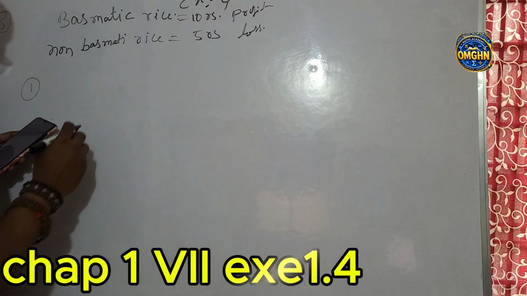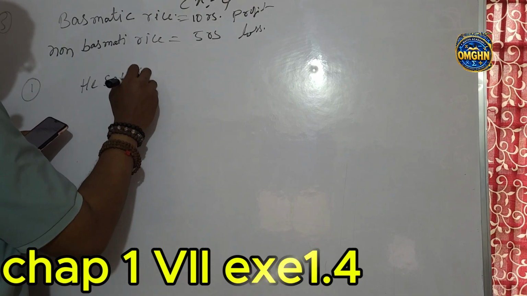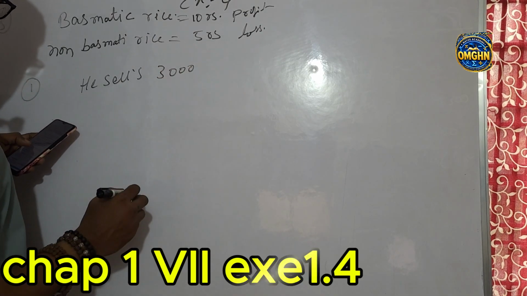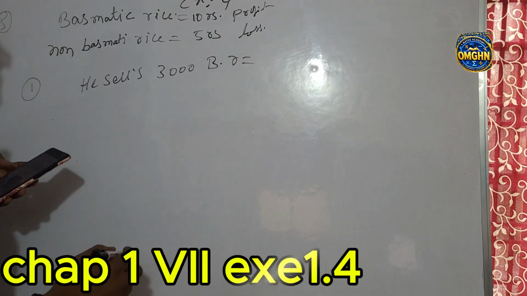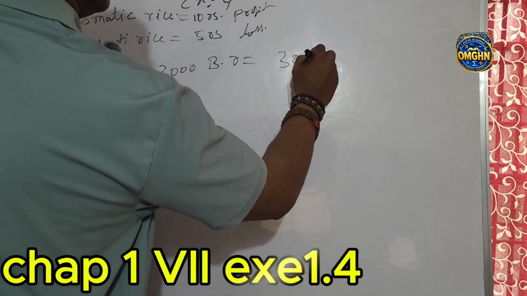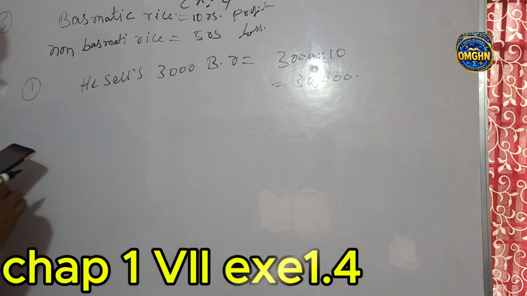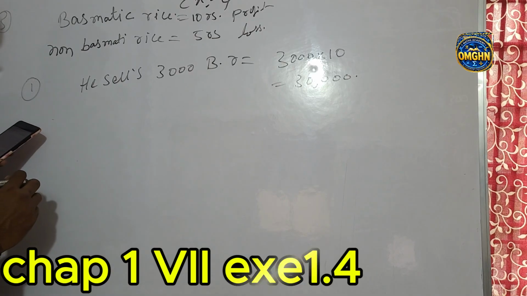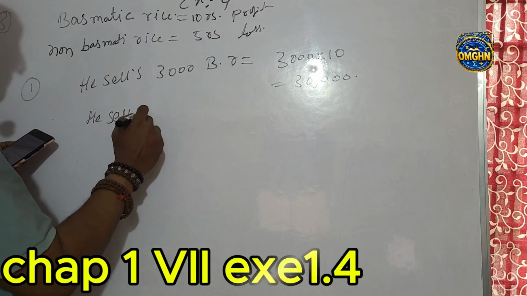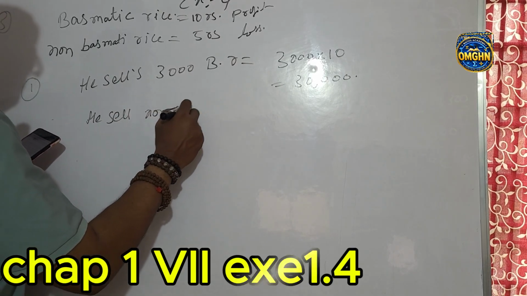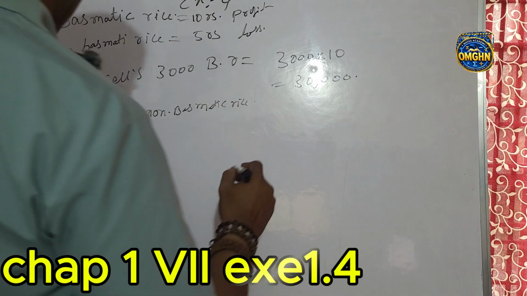So, first question. If he sells 3000 bags of basmati rice, that is equal to 3000 into 10, 30,000 he is getting. And non-basmati rice, he sells how much? 5,000 bags.